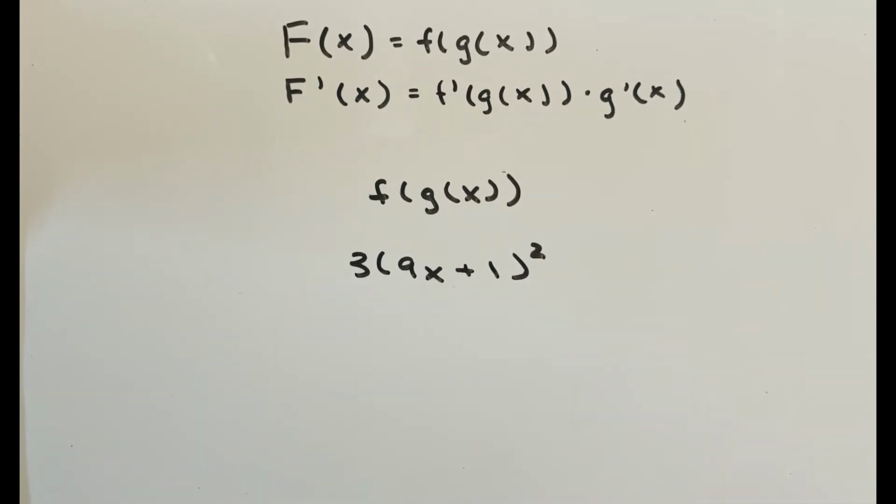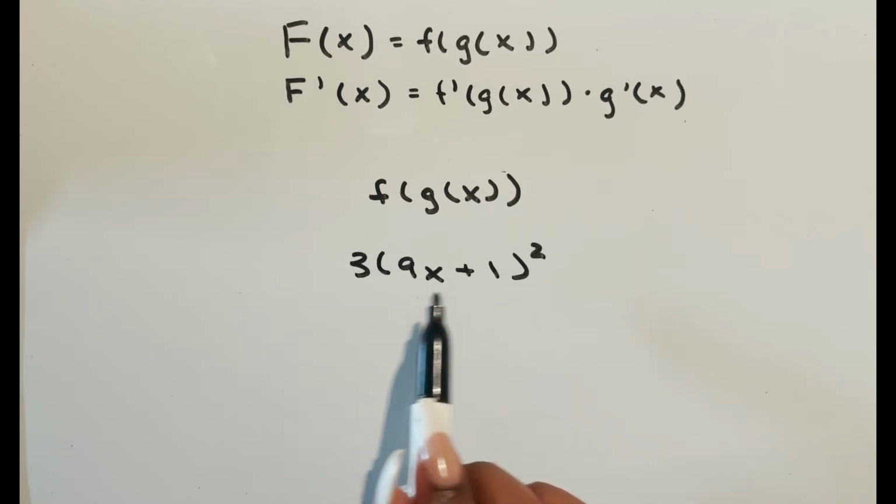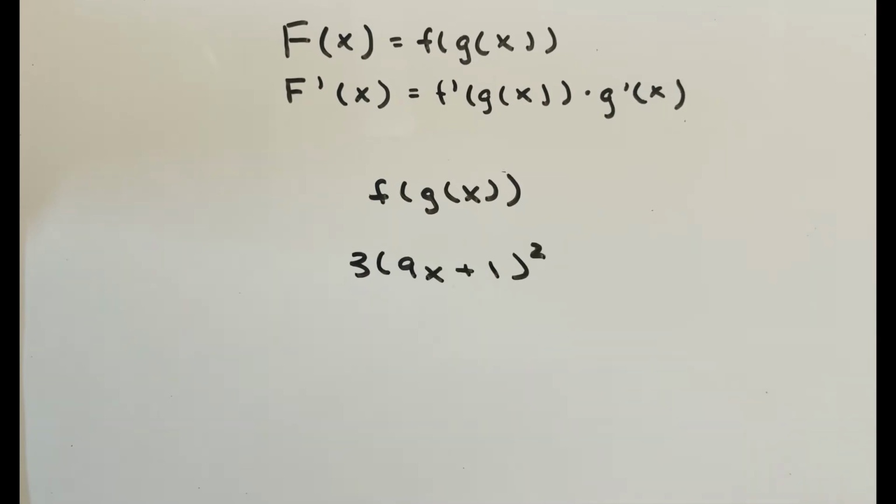So this is a composite function. The stuff inside of the parentheses, namely in this example, 9x plus 1, represents g. The stuff on the outside of the parentheses, namely 3, this coefficient, and the exponent 2, represent f. So thus we know we must use the chain rule to solve for the derivative of this function here.